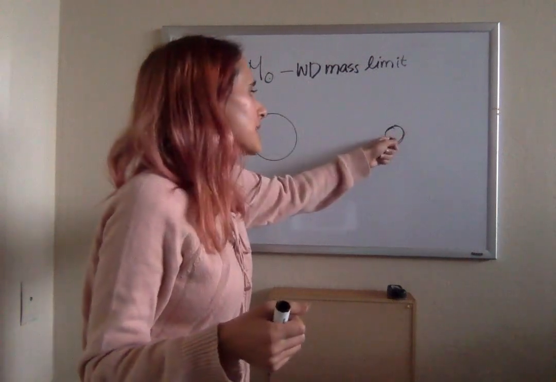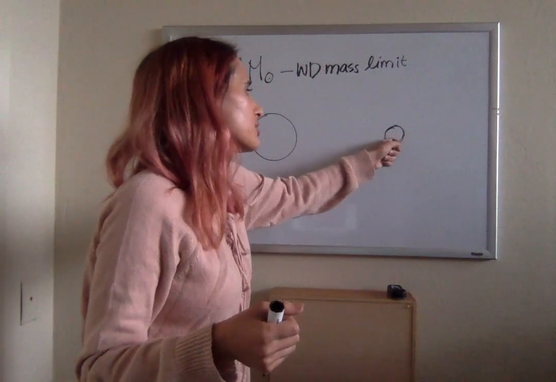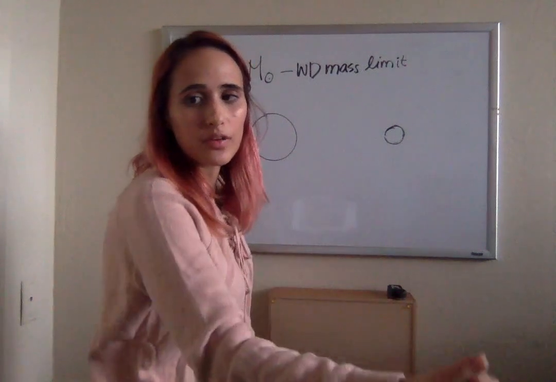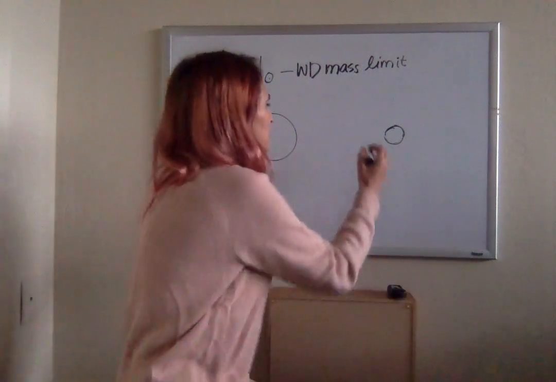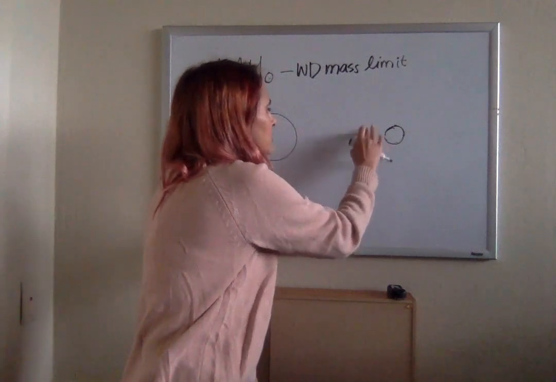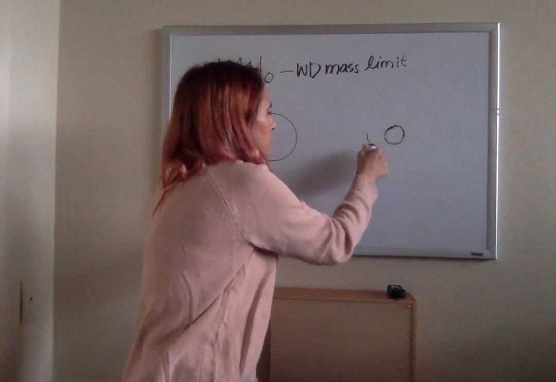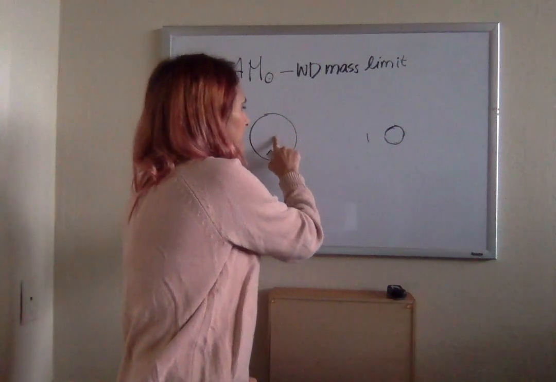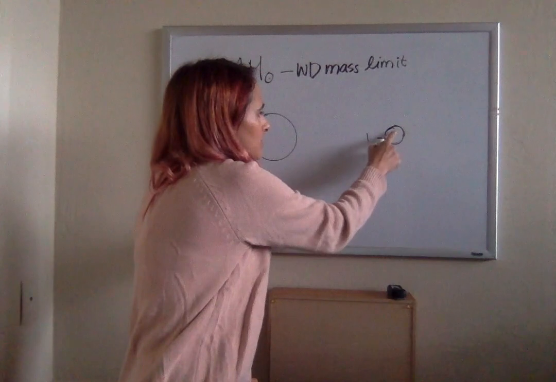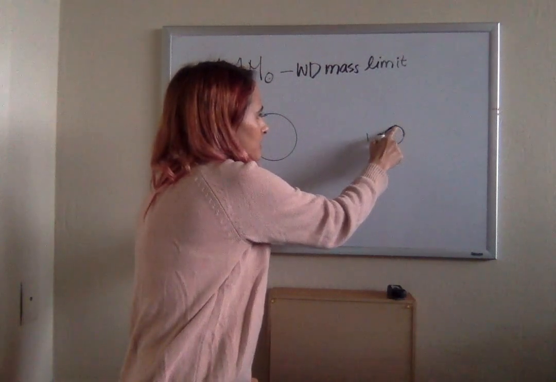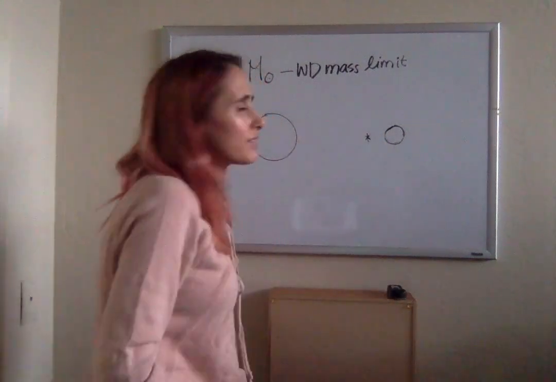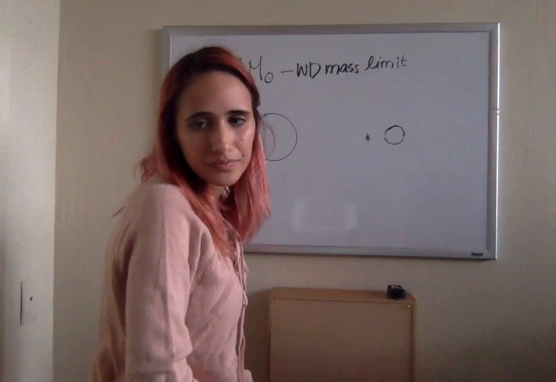This guy has less mass, so he has a smaller gravitational pull. But gravitational pull gets smaller as you get farther away from the mass. So at some distance between the two, their gravitational pull is going to be equal, right? So this guy has more gravity, but it gets smaller as it falls away. So as you get closer to this guy, his gravity is increasing, and somewhere between them, the gravity is going to be equal.